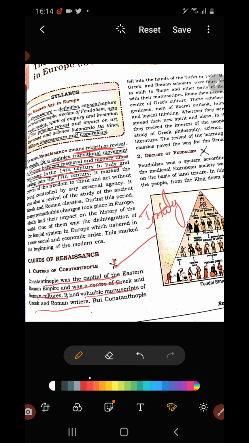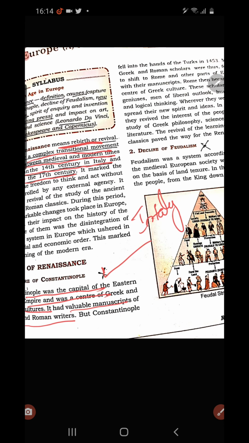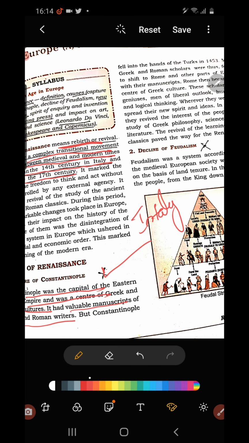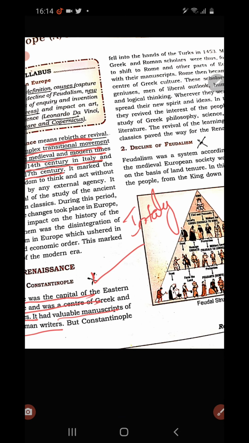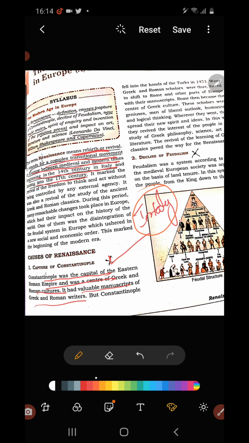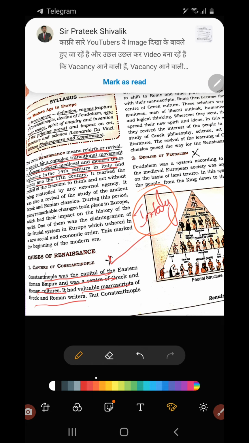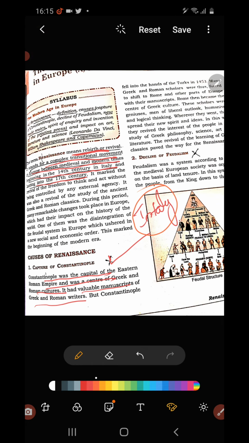So we can say that the day they started teaching the Greek and Roman classics was the beginning of the Renaissance. So the Renaissance began from Italy. One reason was the fall of Constantinople. How did the fall of Constantinople cause the Renaissance? Because they carried all the important documents, including manuscripts of Greek and Roman classics, and then settled in Italy. From Italy they started. So that is one reason.